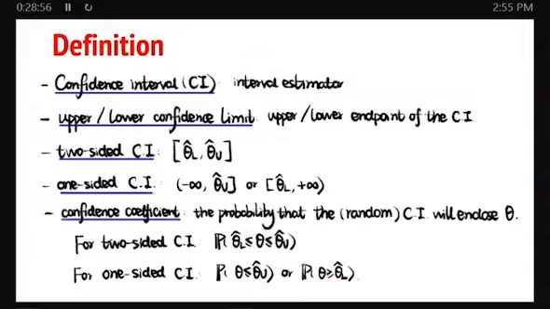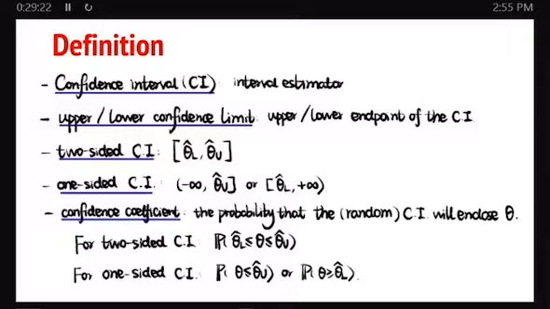Now, because of that, we're going to construct a confidence interval. You've heard about that before. In the confidence interval, you're going to have what I call the interval estimator. We have the upper limit and the lower limit. The theta cap L is the lower limit.